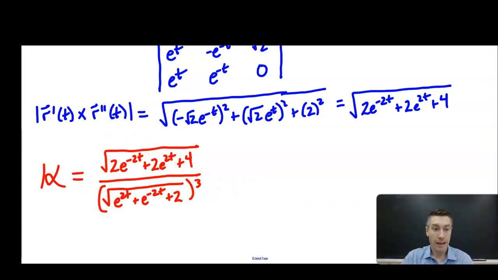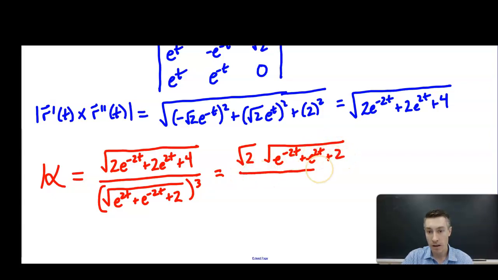So, if we notice, we can factor out a square root of 2, and that would leave us with e to the negative 2t plus e to the 2t plus 2, and then over square root of e to the 2t plus e to the negative 2t plus 2 to the third.